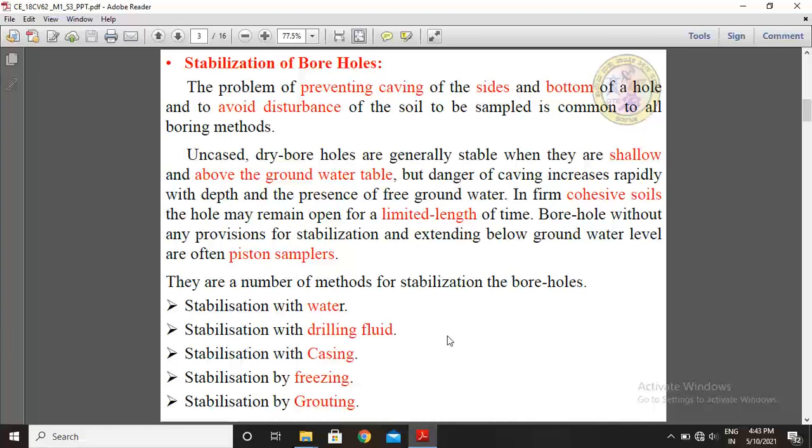There are a number of methods of stabilization of boreholes: stabilization with water, stabilization with drilling fluid, stabilization with casing, stabilization by freezing, and stabilization by grouting. So these are the methods of stabilization of boreholes.